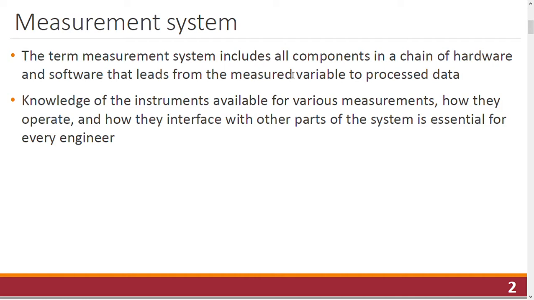So throughout this process, all types of hardware and software components included can be called a measurement system. Now, the knowledge of the working principles of these measurement systems is very much important for engineering.